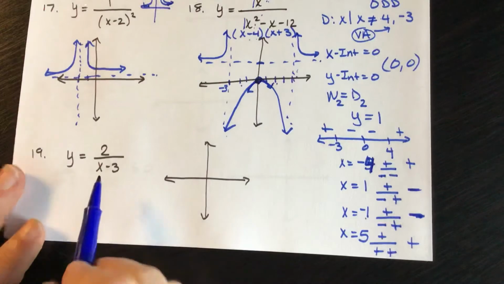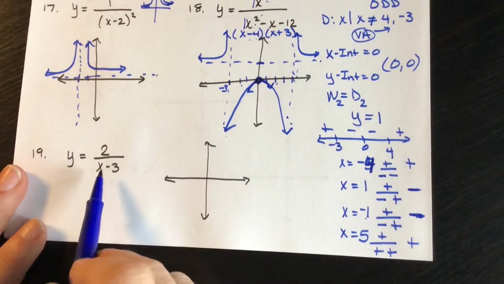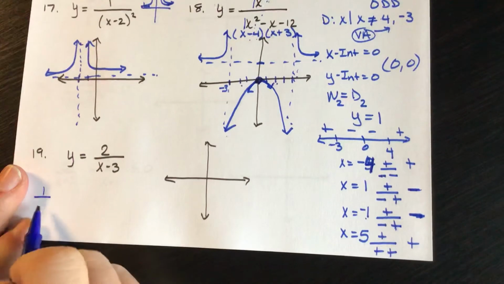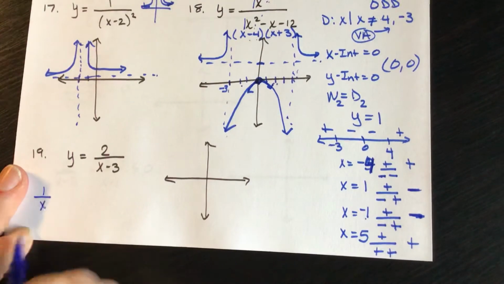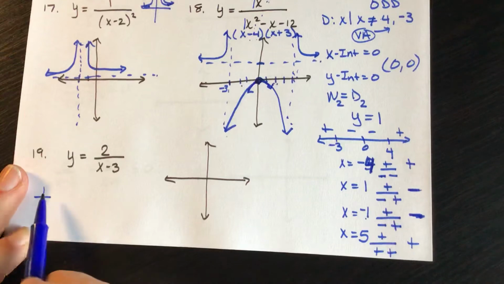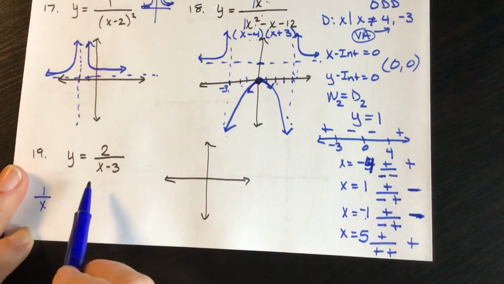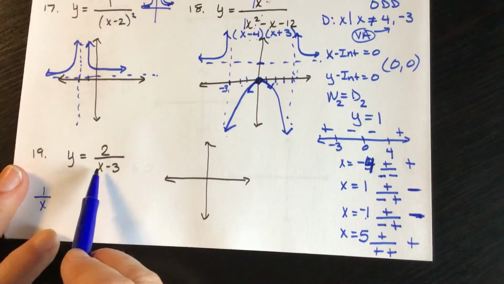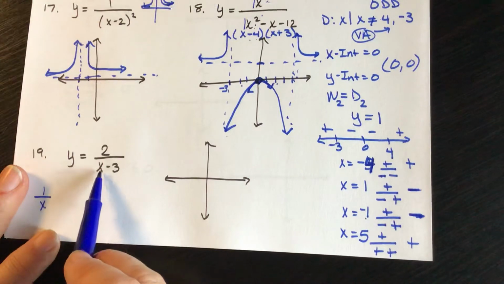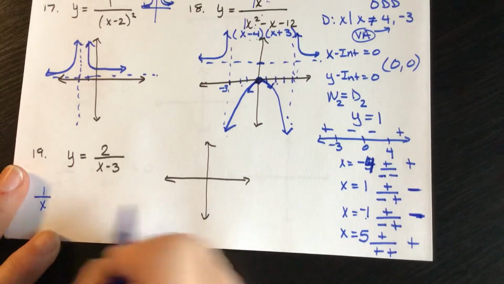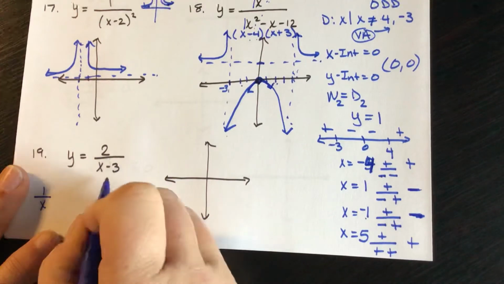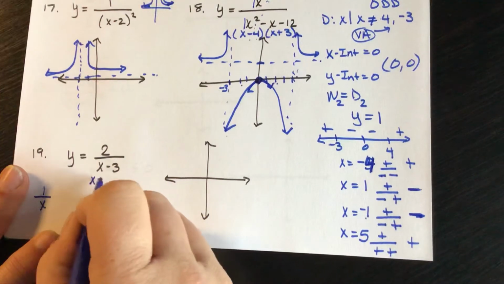Number 19 is a rational function, and this is the same as 1 over x. So if I have 2 over x minus 3, I'm going to have a vertical asymptote at x equals 3. So, sorry, my denominator cannot equal 3.